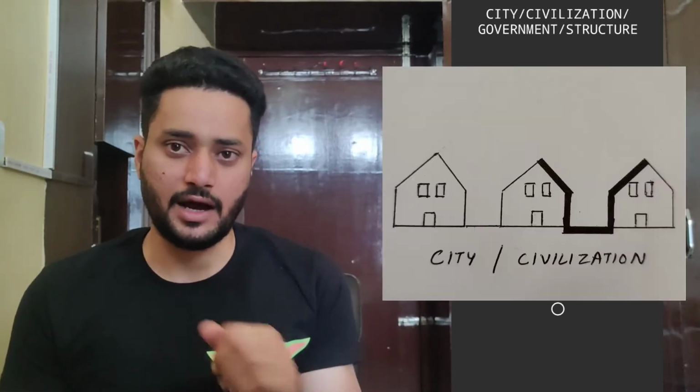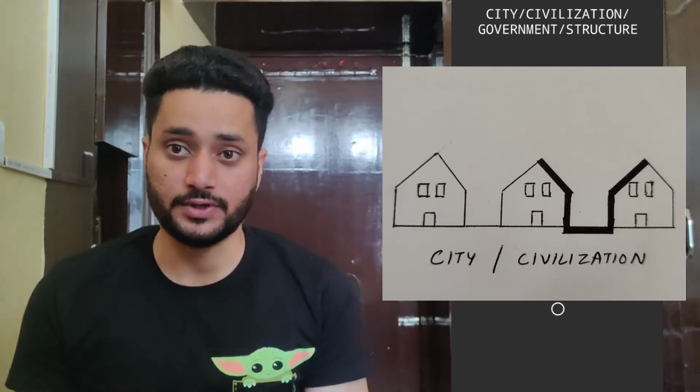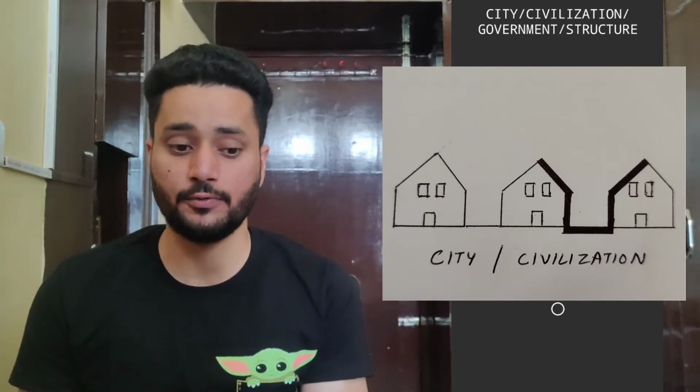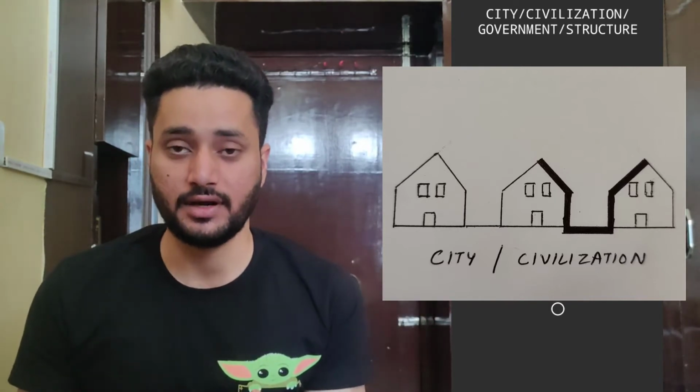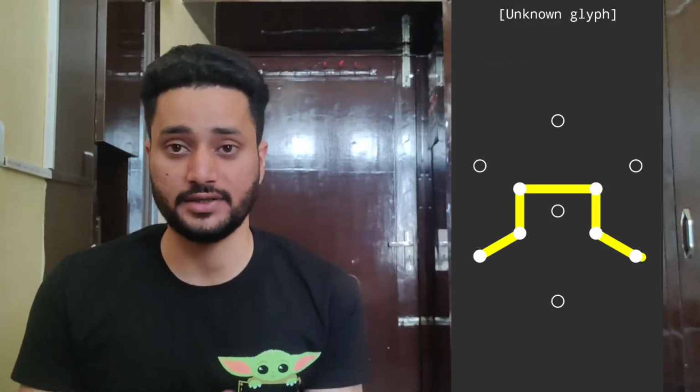Now next one, look at this figure. It's a city or a civilization. City and civilization are the names of the two glyphs we are going to learn. If you take this much area out of this figure and you try to draw it, that's your city or civilization glyph. And if you mirror it upside down, you get nature, and that's the nature glyph, opposite to that of city or civilization.